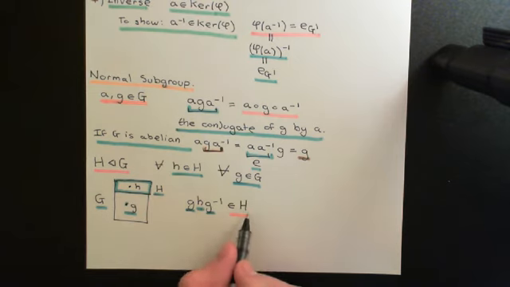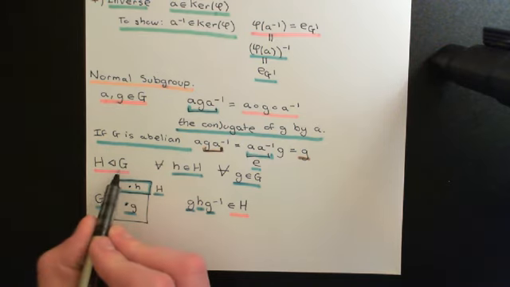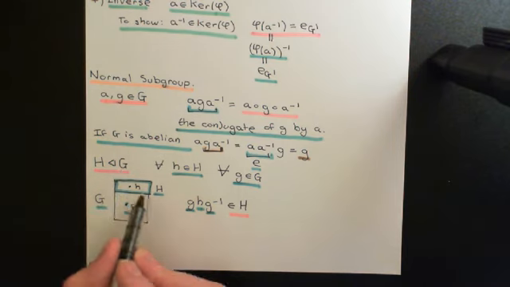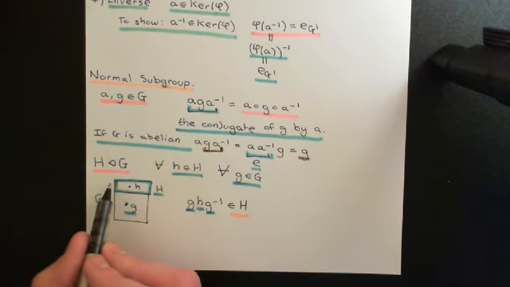If capital H obeys this, then it's called a normal subgroup. Now, just to give you a trivial example, if capital G is an abelian group, so the larger group is abelian, then of course the subgroup capital H will also be an abelian group.